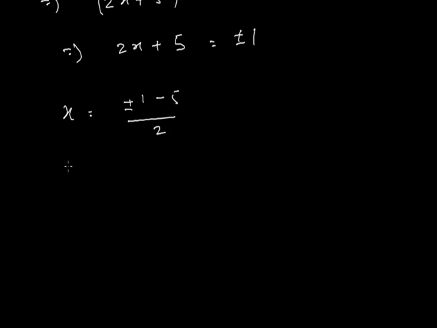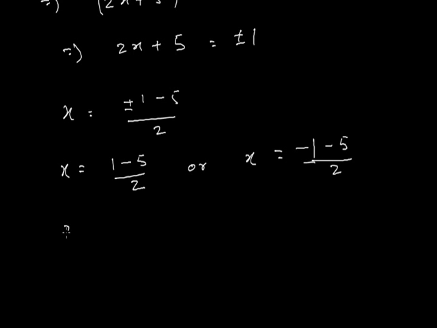When we take plus we get 1 minus 5 by 2, or when we take the negative sign with 1 we get minus 1 minus 5 by 2.